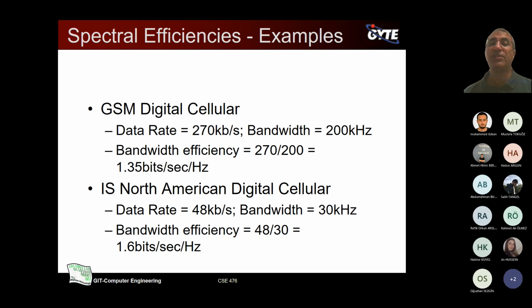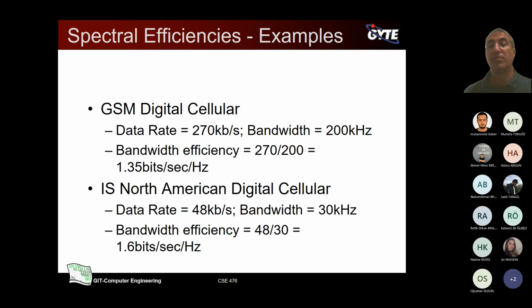So the bandwidth efficiency is equal to 270 over 200, which is 1.35 bits per second per hertz. How do you interpret this result?